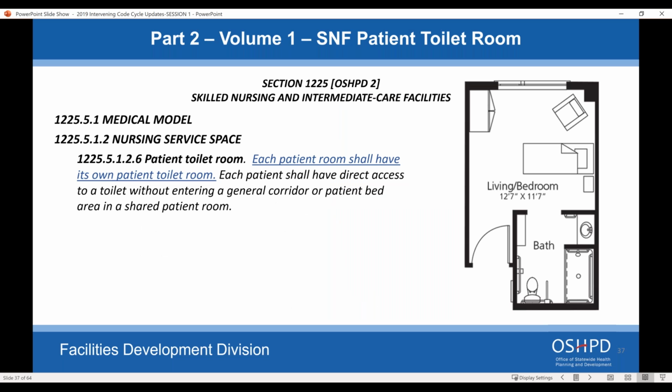I think each cycle we do, we try to get more in alignment with what the FGI is doing. For now, we're jumping over to skilled nursing. We're already done with hospitals. Skilled nursing facilities, intermediate care facilities must have a toilet room attached to each patient room.